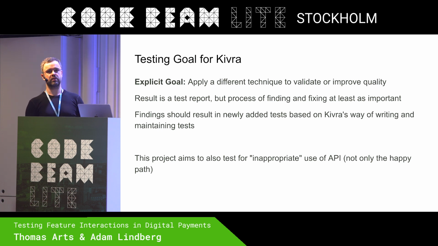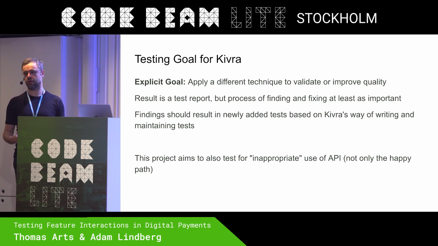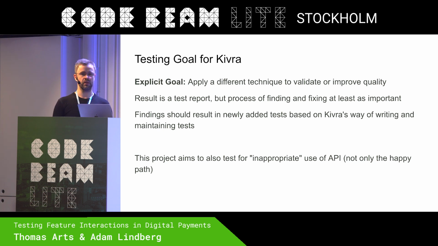Our main goal with working together was to get a test report of the things that we found, and also to shore up our static test suites with findings from this automated methodology. Of course, we also have the model, so we can continue working on that. But for us, the most important thing was the quality report that we got.